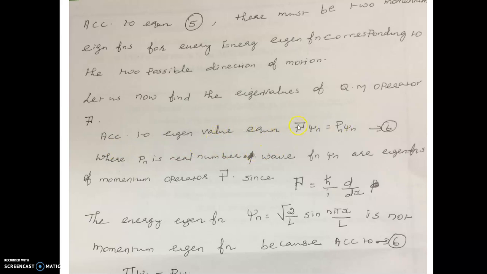That can be found using this expression: operator P psi n is equal to Pn psi n, where Pn is a real number and psi n is the eigenfunction. It should be an eigenfunction of the momentum operator. We will see whether the energy eigenfunction or wave function is the momentum eigenfunction also. But we will be noting that the energy eigenfunction is not the momentum eigenfunction using the following expression.